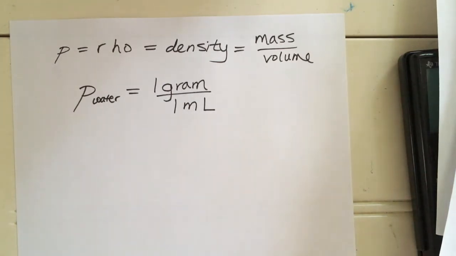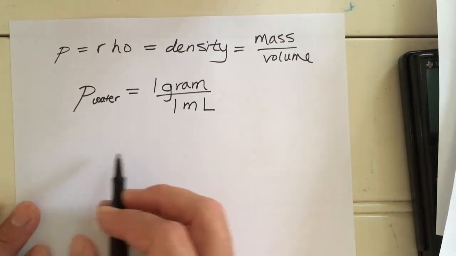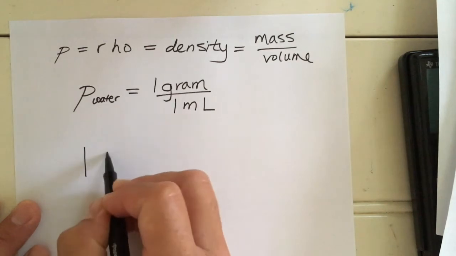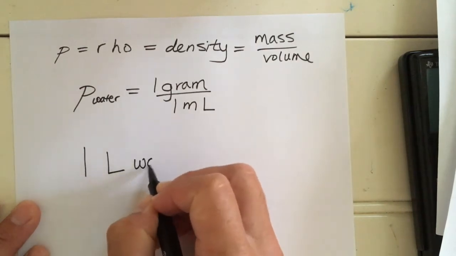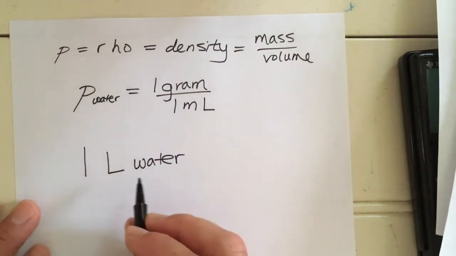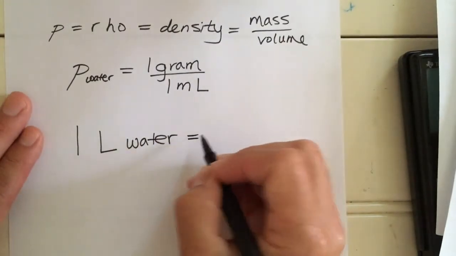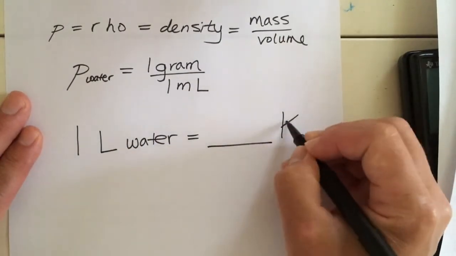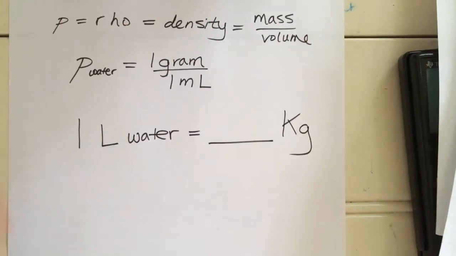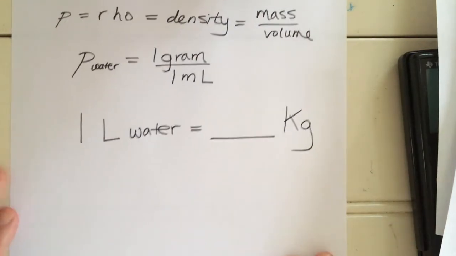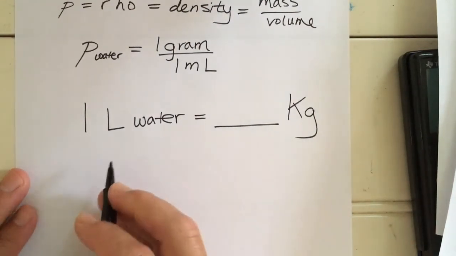So anyways, the question that I want to ask is: 1 liter of water, I could have said H2O, is equal to how many kilograms? All right, so let's go ahead and solve this, and we'll start by writing what we have, which is 1 liter of water.